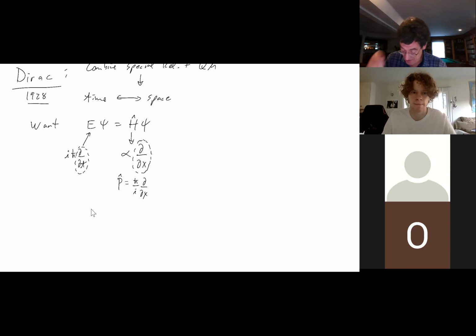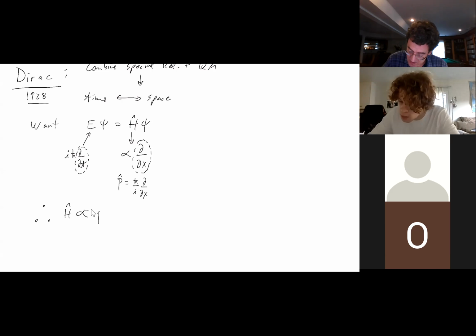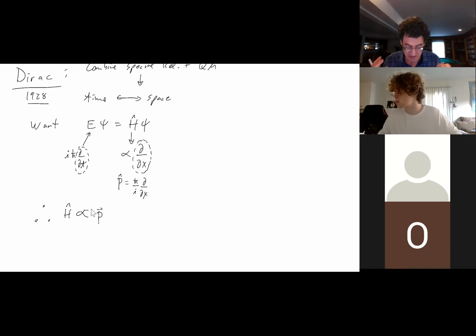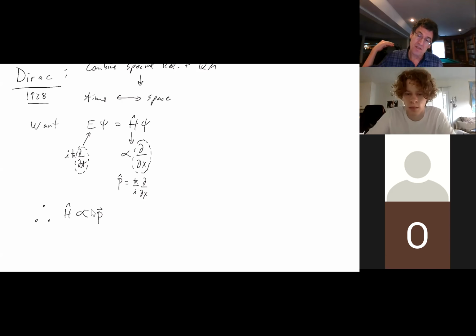So if I have a single time derivative on the left and I want a single spatial derivative on the right, then the Hamiltonian has to be proportional to what? Tell me. Momentum. That's right. That's the whole thing right there. That's the central concept. It's so simple.